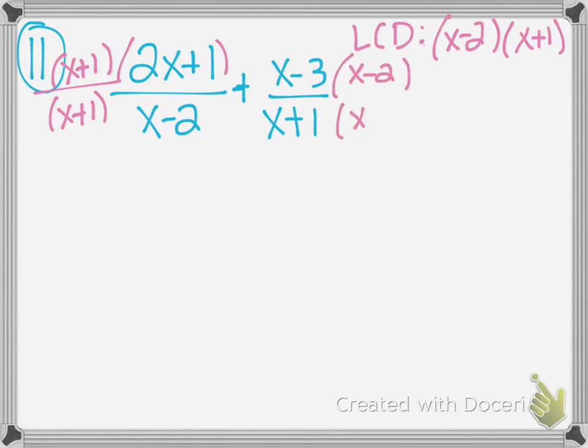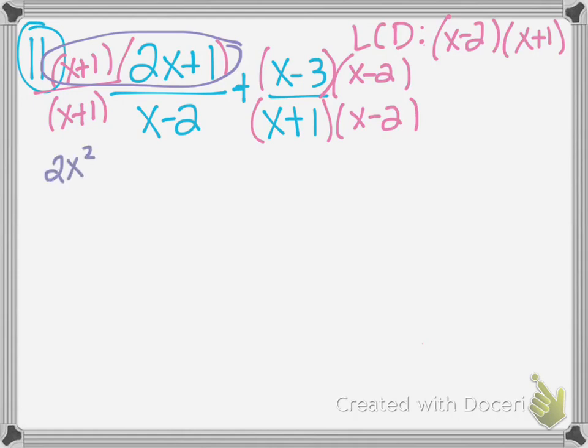Notice though that as I do this, I'm also putting in parentheses so I know that I need to FOIL. And I'm going to have to actually FOIL twice here. So right here turns into 2x squared plus x plus 2x plus 1.